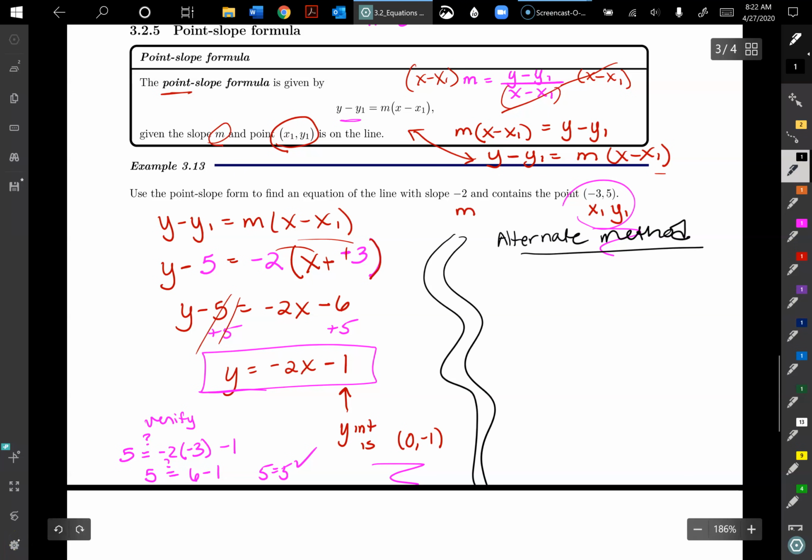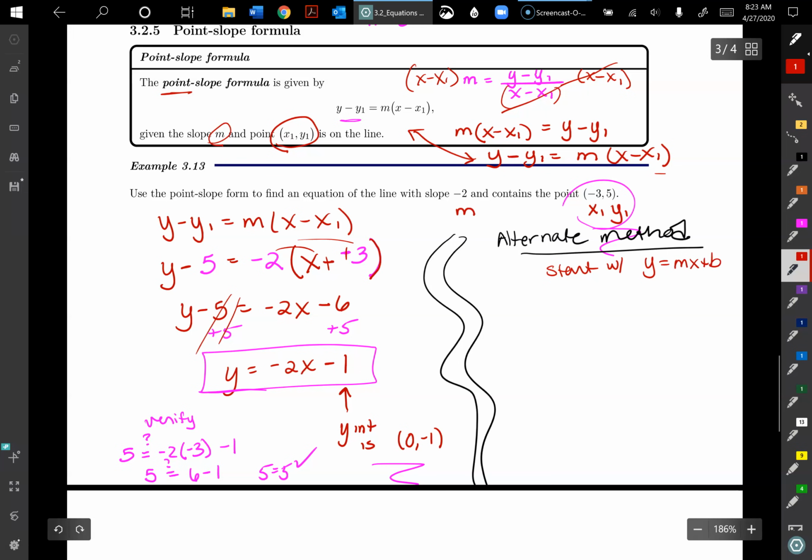So I'm going to go ahead and show you an alternate method to figure out what your y-intercept is and then make your equation. So you may not see this in your book yet for a while, but eventually it'll probably crop up. So we can actually just start with y equals mx plus b.